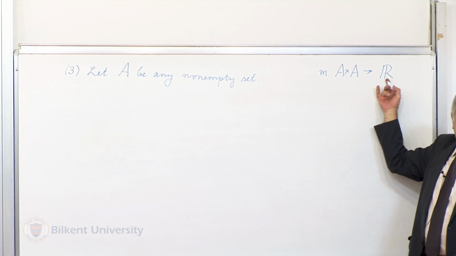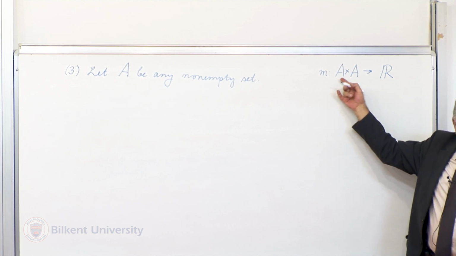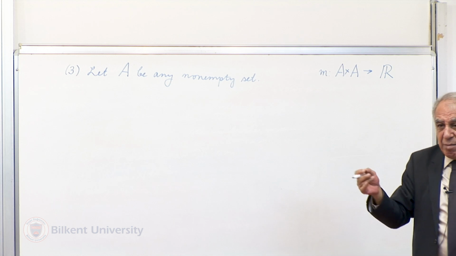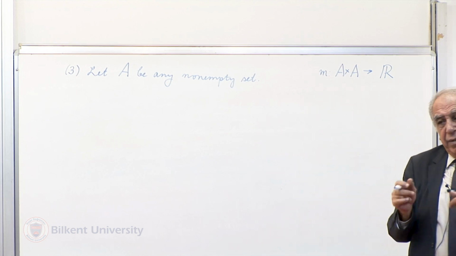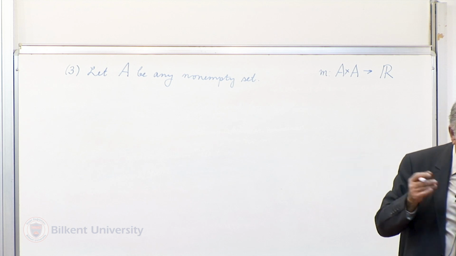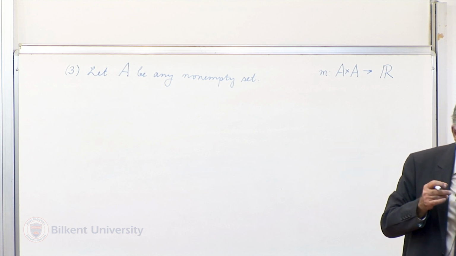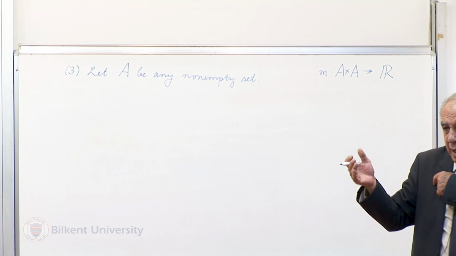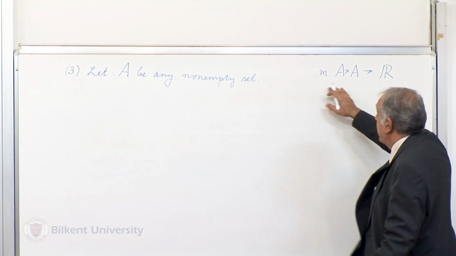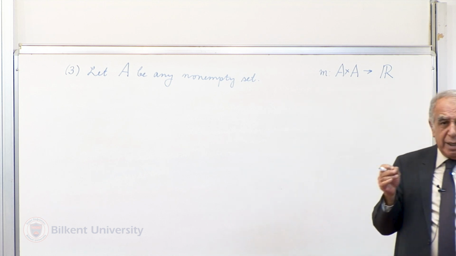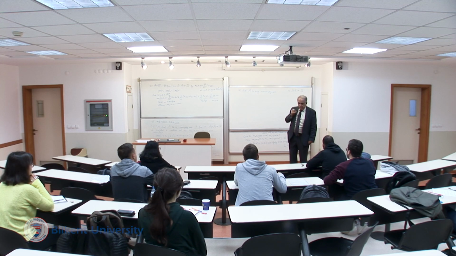Well, this must contain 0 because A has at least one member x, Mxx is 0. But what else? Well, if it has two different members, at least, x and y, different from each other, then Mxy must be larger than 0. So the range of this function has to contain, in that case, at least one positive number as well. Can we do it with exactly one positive number?